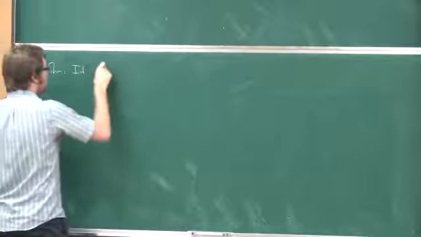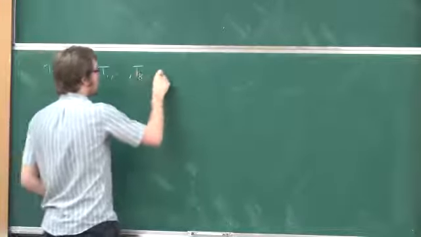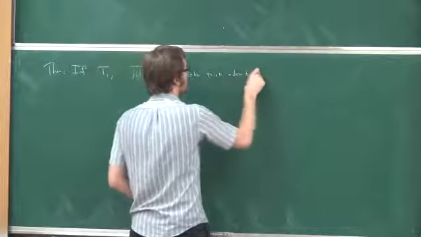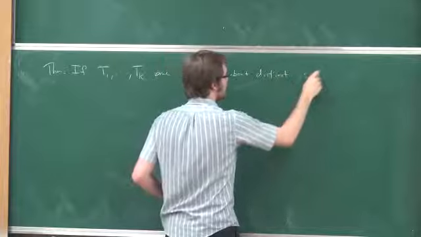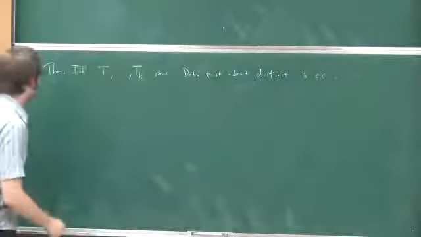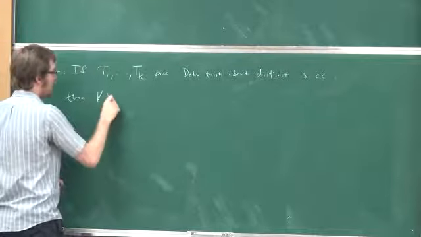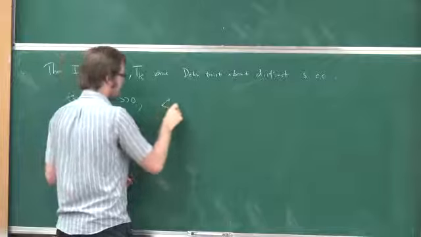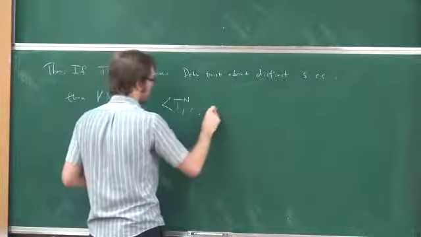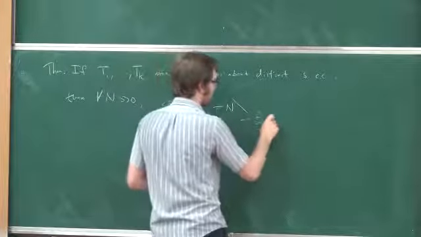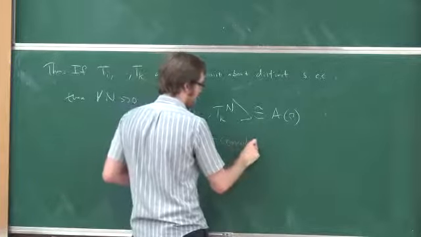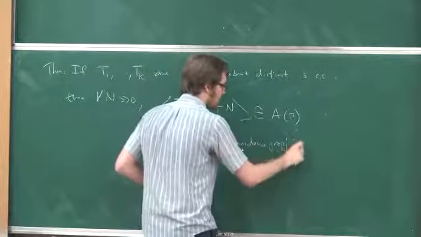So recall that we had this: if T1 to Tk are Dehn twists about distinct simple closed curves, then for all n sufficiently large, T1 to the n all the way to Tk to the n generate a subgroup isomorphic to A of gamma, where gamma is the coincidence graph of the supports.